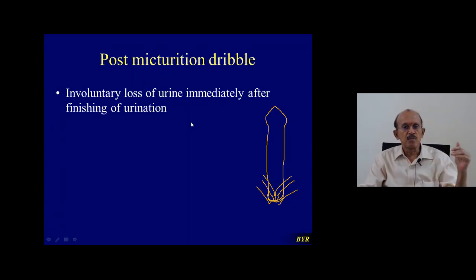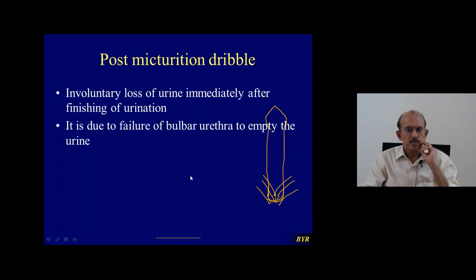They think that they have completed and put on their trousers. Then there will be dribbling of a few drops of urine into their pants and they will get moistened. Why? Because there is failure of contraction of this bulbocavernous muscle. So it is failure of the bulbar urethra to empty the urine.